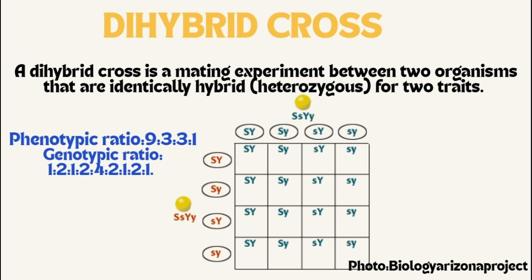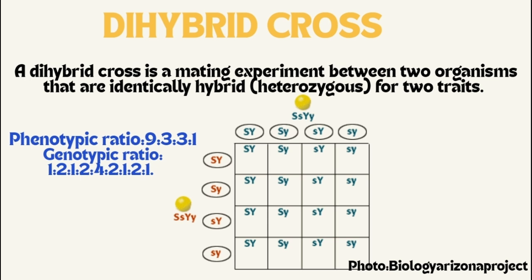Now the dihybrid cross is a little bit more complex. In a dihybrid cross, you're crossing two individuals which code for two different traits. So instead of drawing up that 2 by 2 little Punnett square, you're going to end up with a 4 by 4.